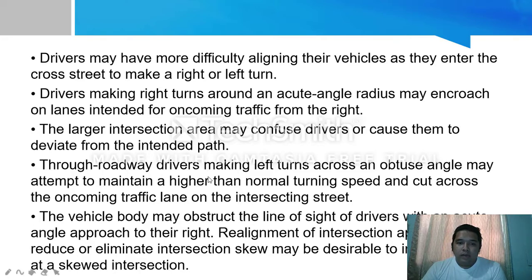Drivers making a left turn across an obtuse angle may attempt to maintain a higher than normal turning speed and cut across the oncoming traffic lane on the intersecting street. And lastly, the vehicle body may obstruct the line of sight of drivers with an acute angle approach to the right. Realignment of intersection approaches to reduce or eliminate intersection skew may be desirable to improve safety at a skewed intersection.